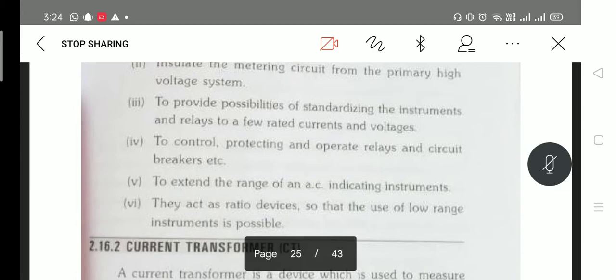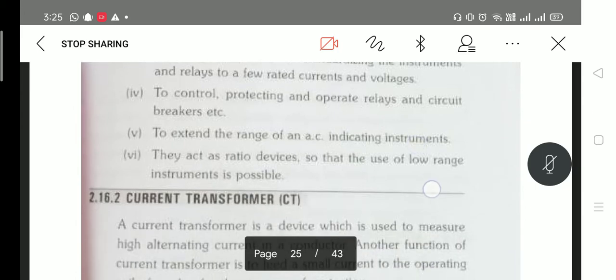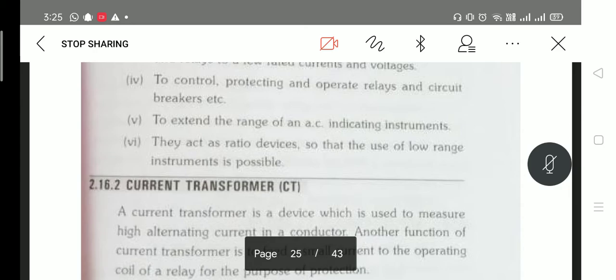Here there are only a few ranges of current and voltage ratings. We use these instruments with relays also, to control and protect the operating relays and circuit breakers in transmission lines.